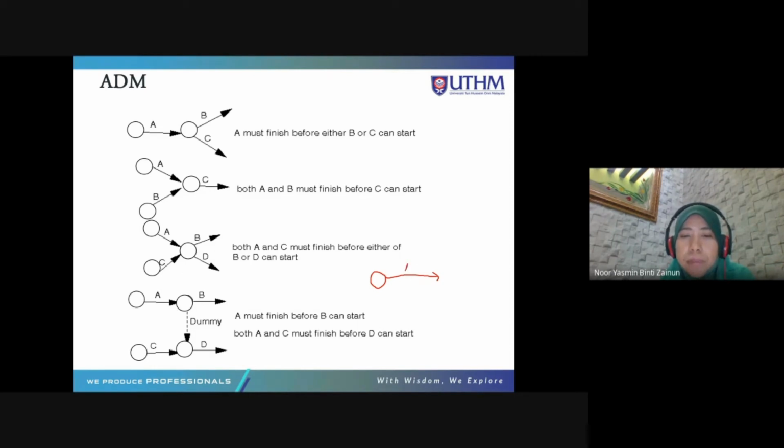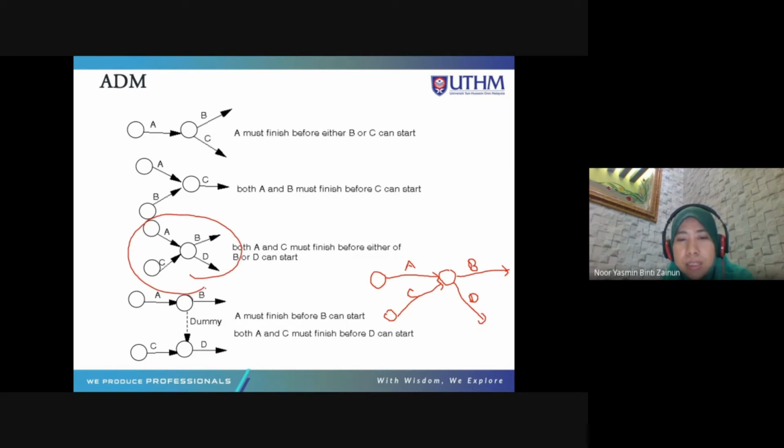So A must finish before B can start. This can be done like this, right? But A and C must finish before D can start. If you put it like this, it will become similar to this one.